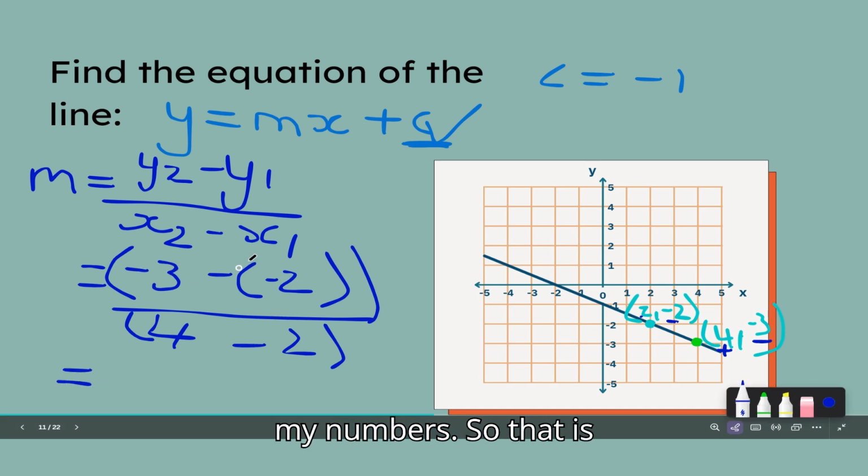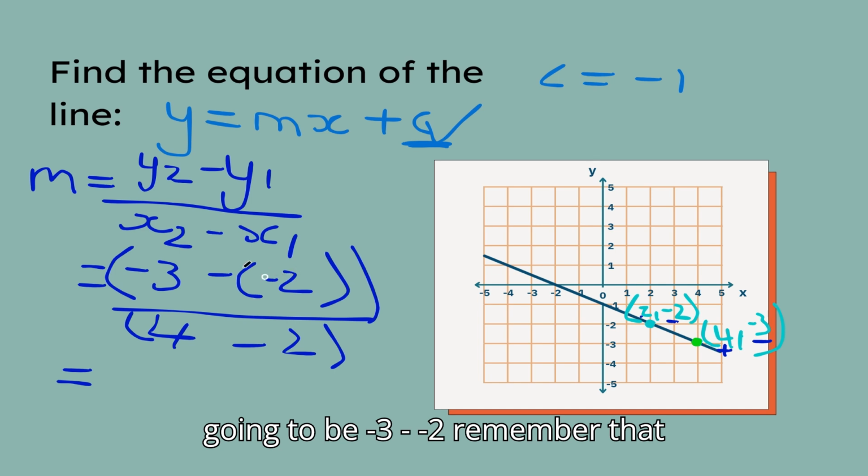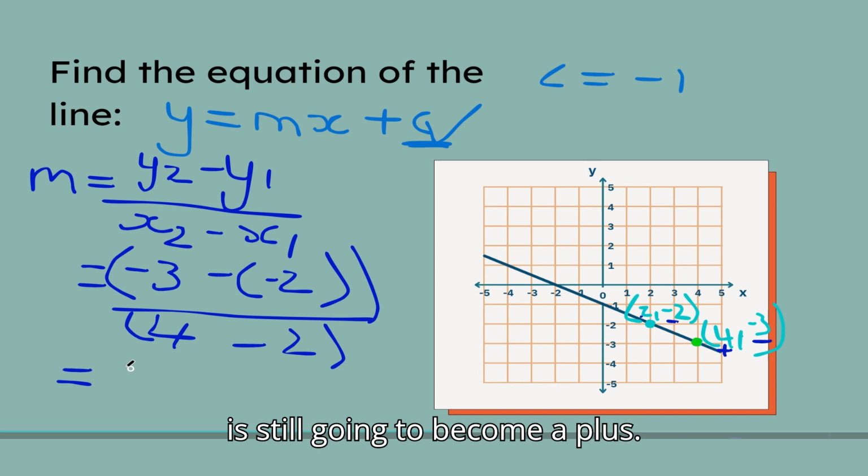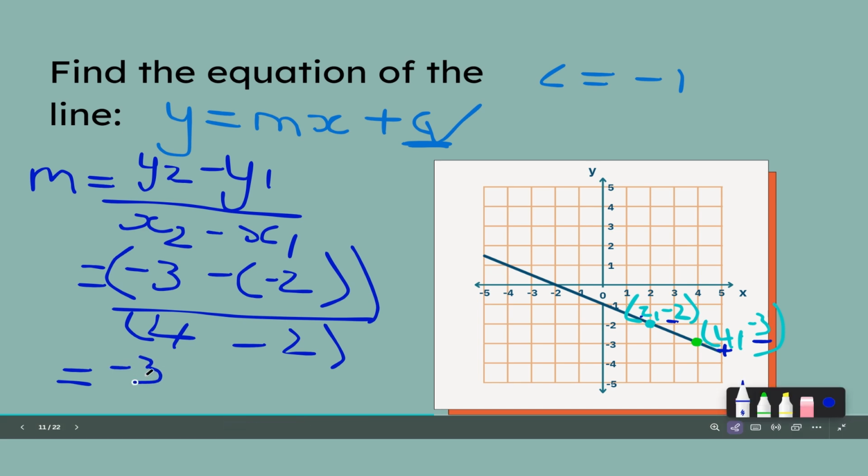So that is going to be -3 minus -2. Remember, that minus is going to multiply into the bracket, so it becomes a plus 2, divided by 4 minus 2.